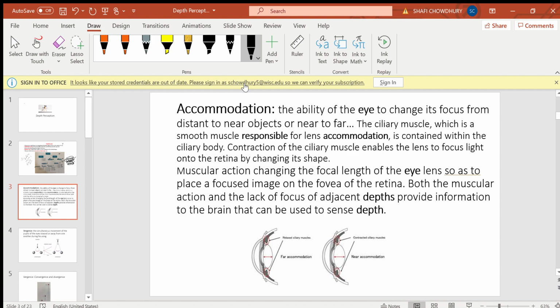And if you move the object really, like 1 meter away from the eye, the angle between your two lines of gaze, let me draw here. So here is an object and your eyes.